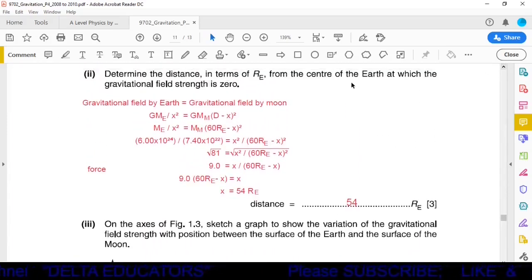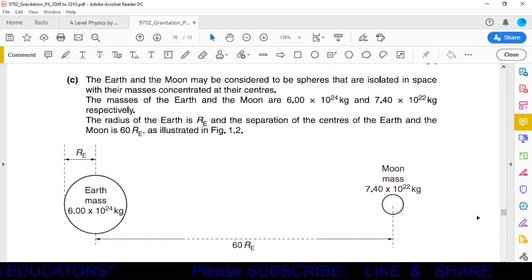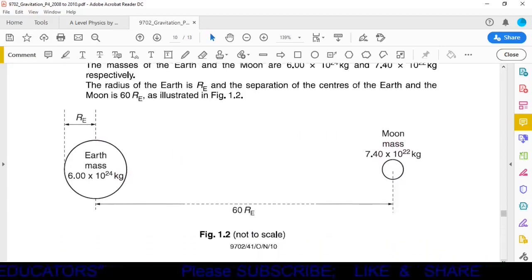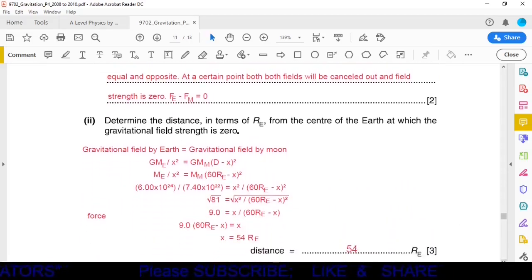So we have taken the distance (D minus x) whole square. One more thing, in place of D we have taken 60 RE. Why 60 RE? Because it is given here the distance between the center of the Earth and Moon is equal to 60 times the radius of Earth. That's why in place of D we have taken 60 RE.